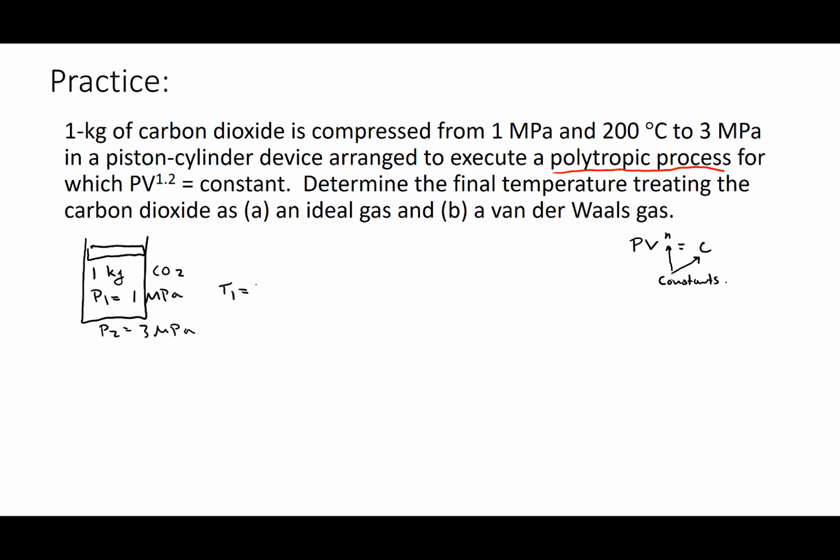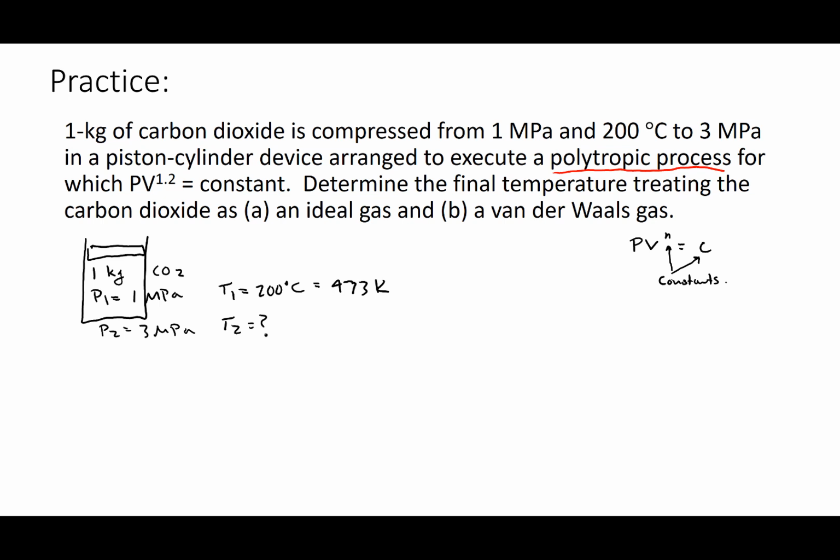T1 is 200 degrees Celsius, which is 473 Kelvin, and we're looking for T2. So basically we're compressing this carbon dioxide, it behaves as a polytropic process, and we want to determine what the final temperature is.